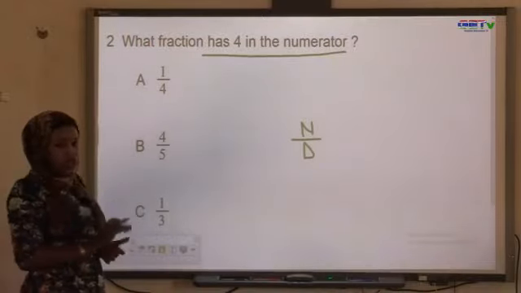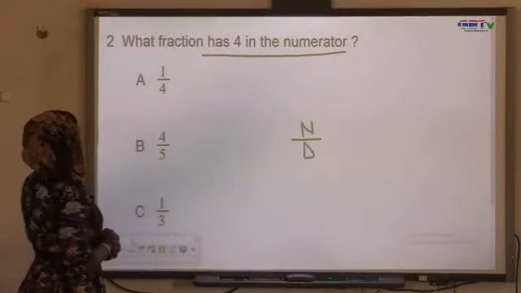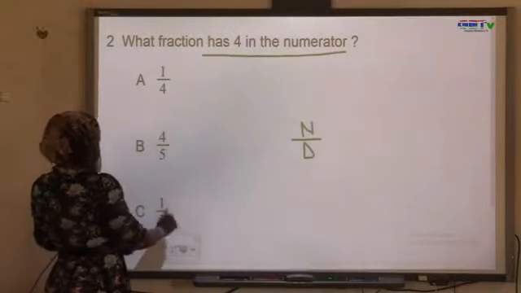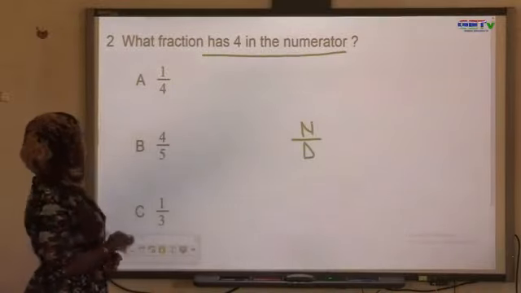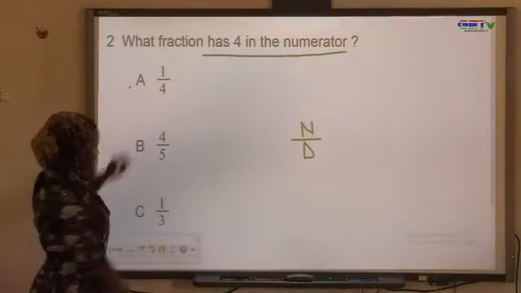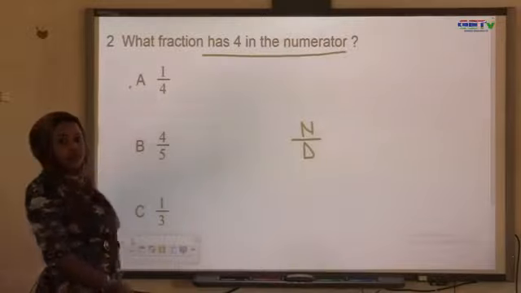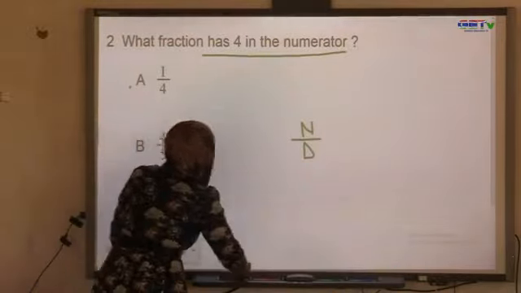Again, the numerator, we said, is the number that is above the fraction bar. Which one has 4 as the numerator? In option A, the numerator is 1. So obviously it is not 4, and it is out.